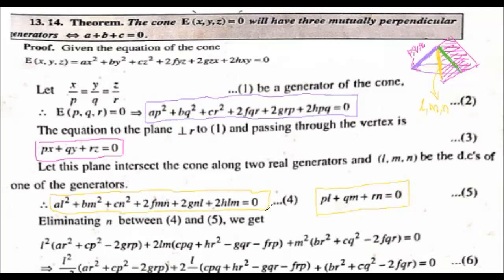Now eliminating n between 4 and 5. From this, we can easily see what n is.